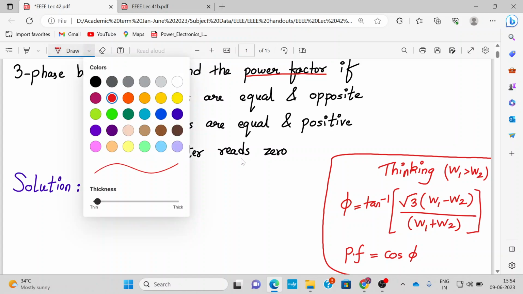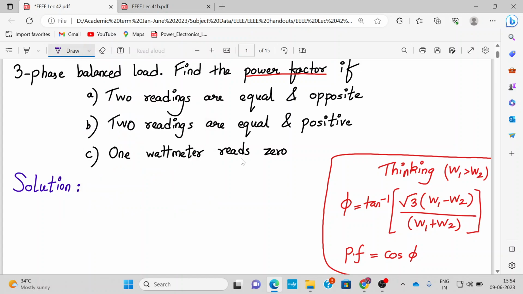For the first case, the two readings are equal and opposite. That means one wattmeter is W1 and the other is equal to W2 but opposite, so W1 is equal to minus W2.